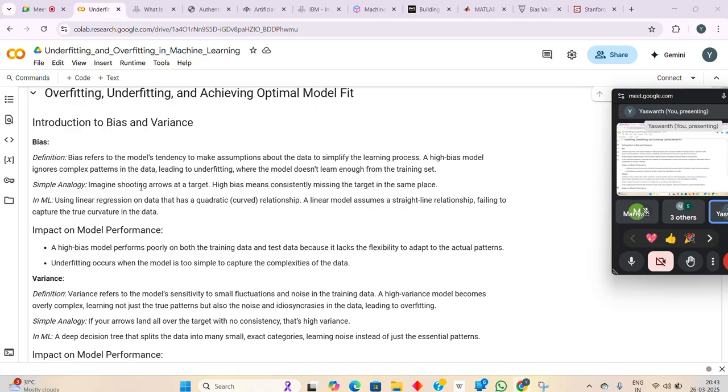Underfitting means you want to learn from the data or from the textbook, but you did not learn some concept; you skipped some concept. For example, let me tell you a short real-time example. In graduation or post graduation, wherever you are, you will have a textbook and you will have notes.